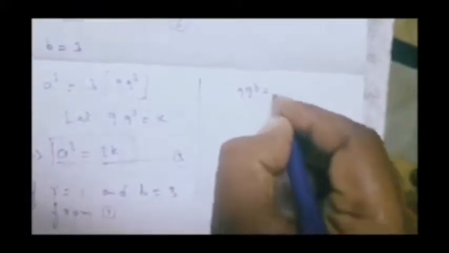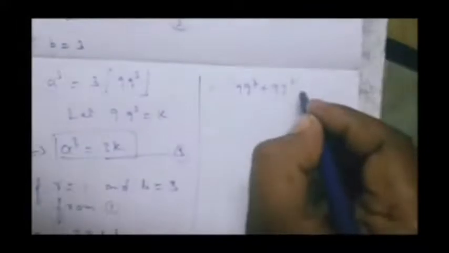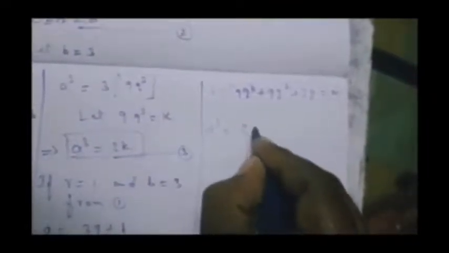Now let us consider all of this, 9q cube plus 9q square plus 3q, as m. So now you write a cube equals 3m plus 1, equation number 4.